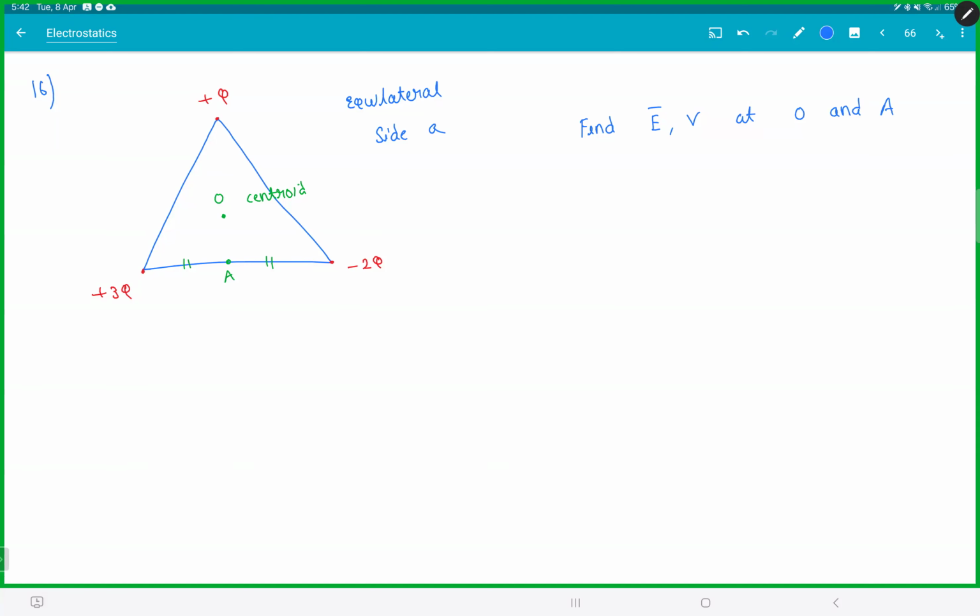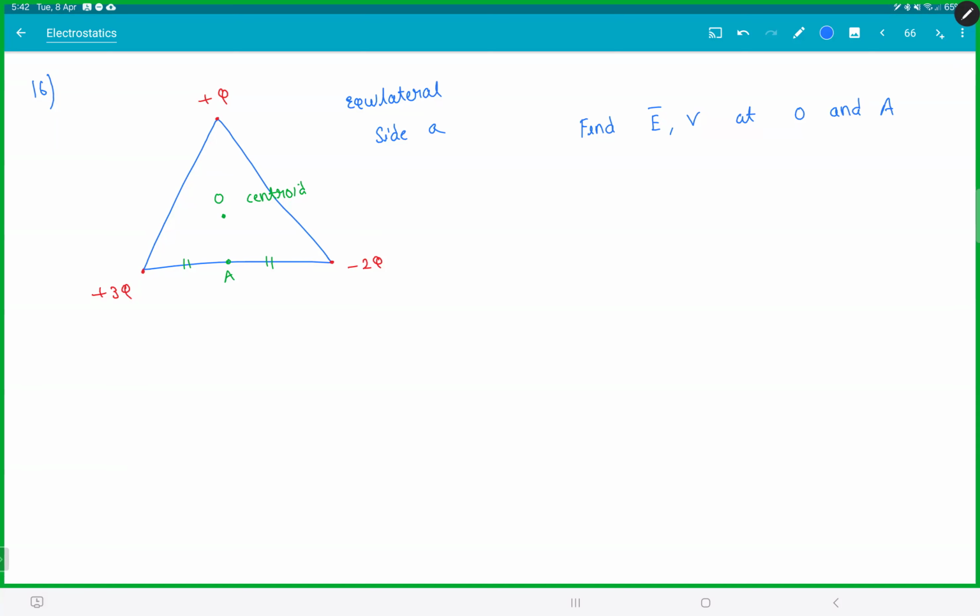Everyone should try. Give it a try. Potential is the easiest one. There's no vector, nothing.